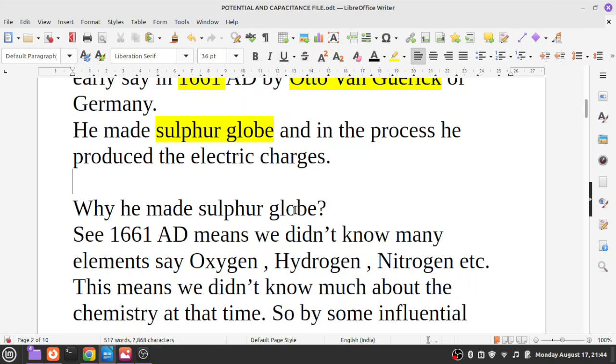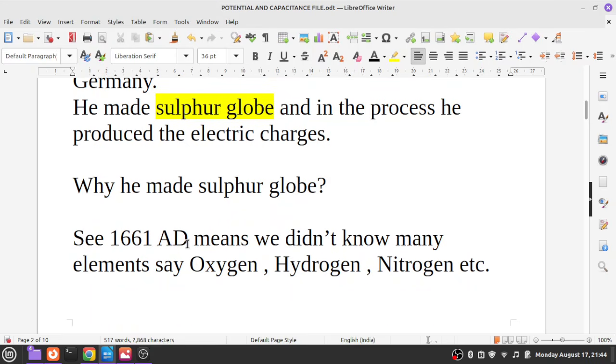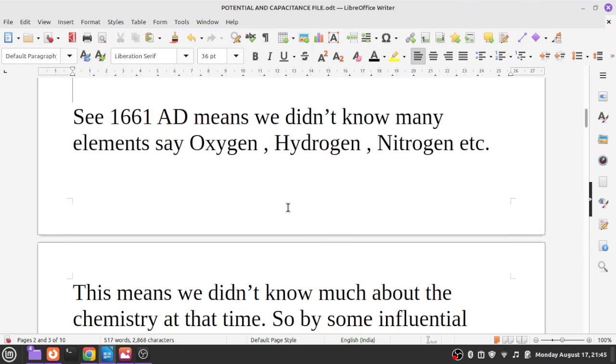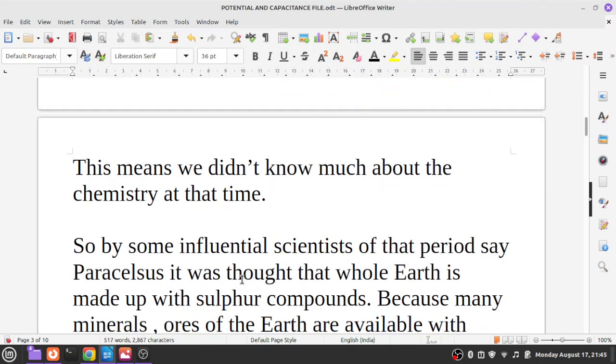The question is why he made a sulfur globe. That is an important question. In 1661 AD, we didn't know many elements, say oxygen, hydrogen, nitrogen. We didn't know much about chemistry at that time.